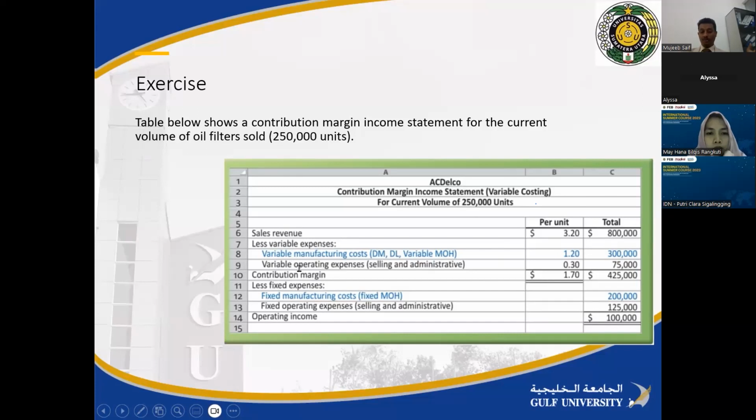Regarding the variable operating expenses, administrative department is 0.3. Definitely it will be 75,000 for all units, because 0.3 multiplied by 250,000 units, the total amount of this variable operating cost will be 75,000.